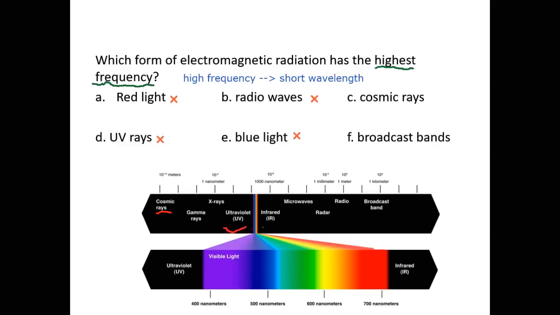And then lastly, we have broadcast bands, which are on the range of a kilometer, which is a lot larger than a picometer. And so the correct answer in this is cosmic rays. It has the highest frequency, aka shortest wavelength. Now broadcast bands would have the lowest frequency out of the ones stated here.